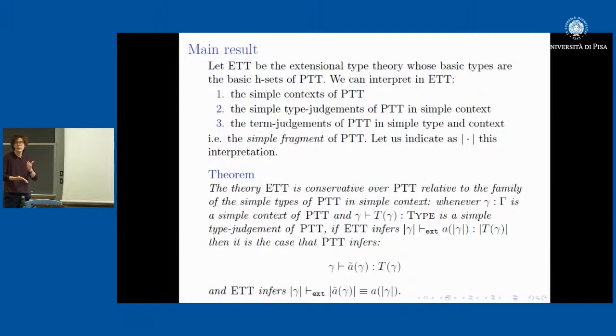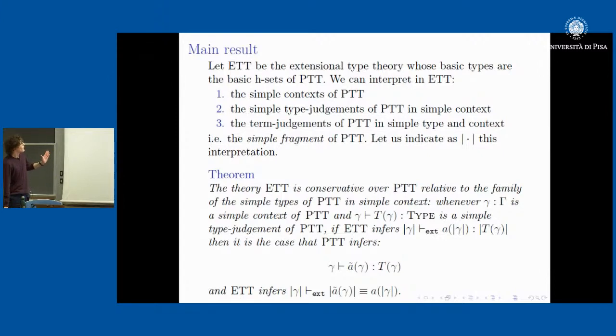If we have a basic term living in a basic H set of PTT, then we require it to exist even in our extensional type theory. So basically, this is the extensional type theory generated by the simple types of PTT, and the simple basic terms in these simple basic types.